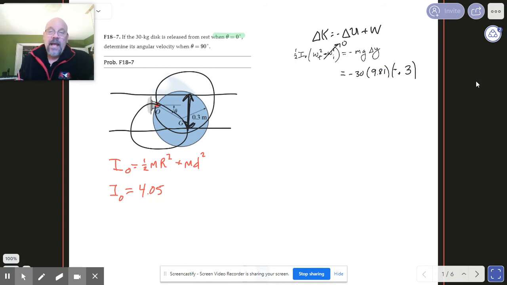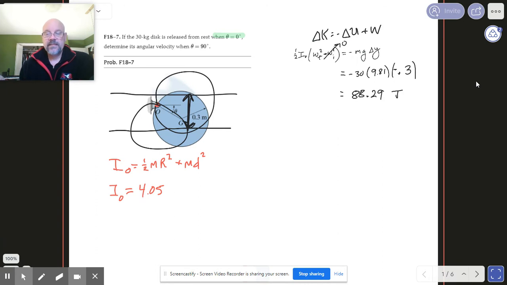That's to be expected because as it falls, its kinetic energy should increase, not decrease. The change in kinetic energy then becomes 88.29, and of course that's joules.